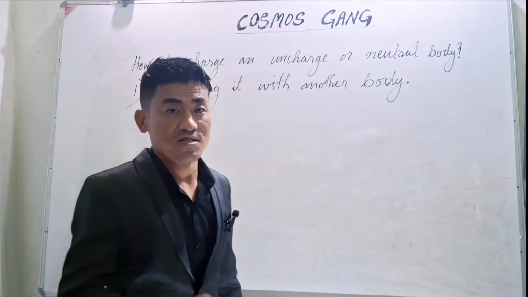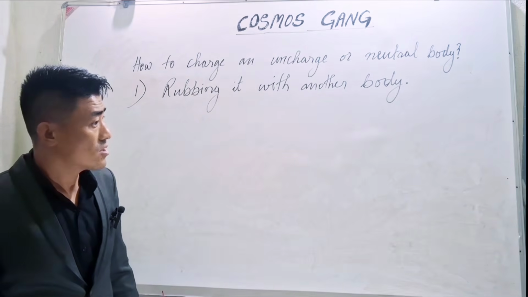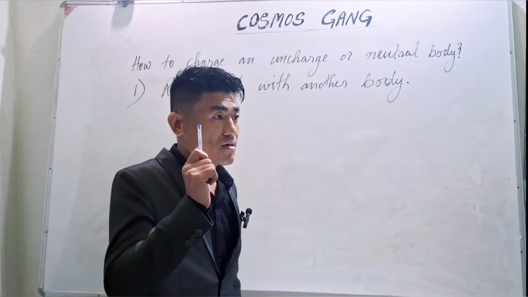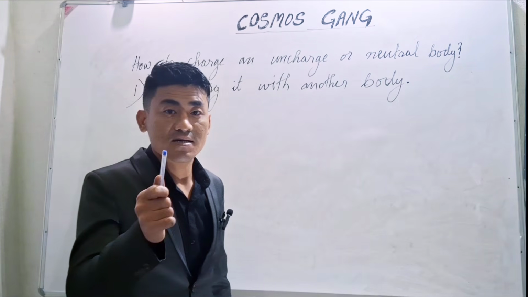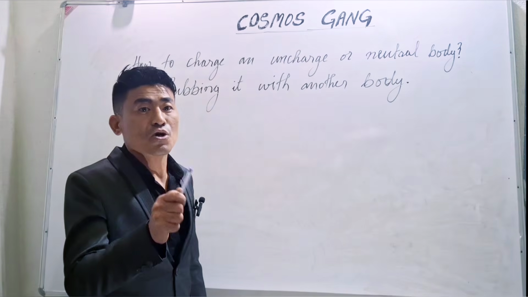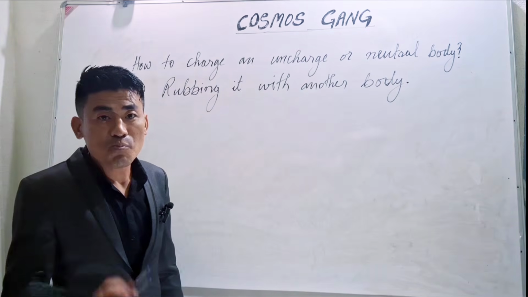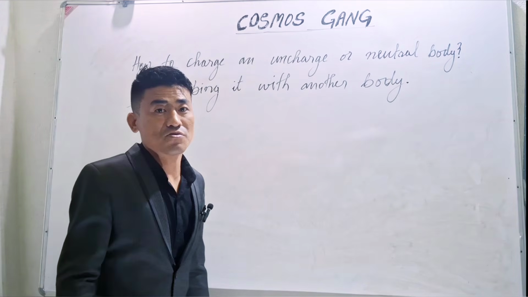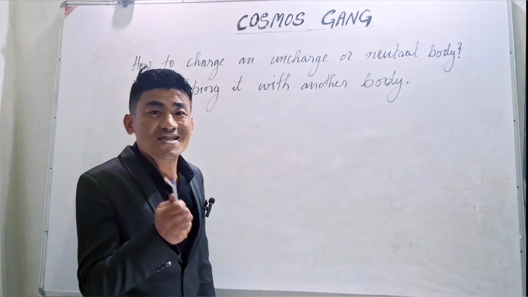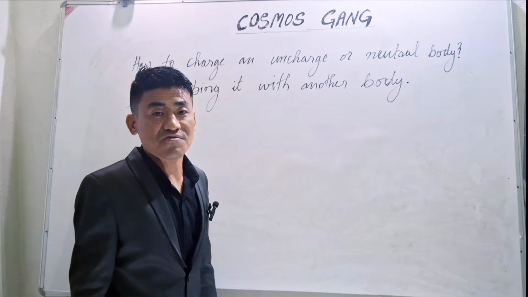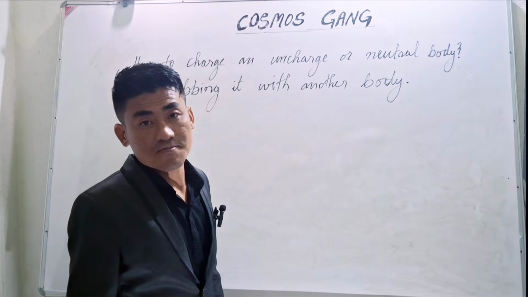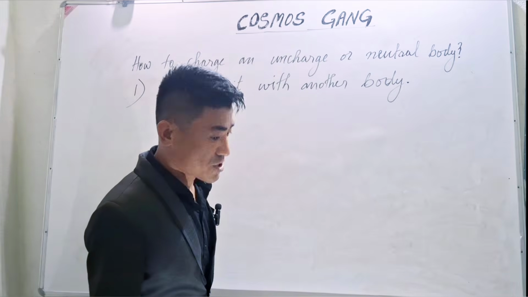So how does it get charged? When I rub two objects, a neutral body with another body, the body which is losing electrons is positively charged, and the body which is gaining electrons from another body is going to be negatively charged.